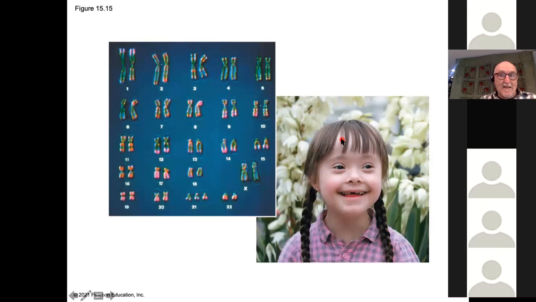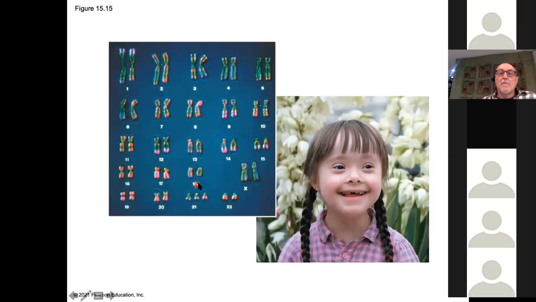So here's a karyotype for somebody exhibiting Down syndrome. And it's useful for us just to remind ourselves of what the human karyotype looks like. Here we have all the autosomes. There are 22 pairs of autosomes. They are identified by the length and structure of the chromosomes.